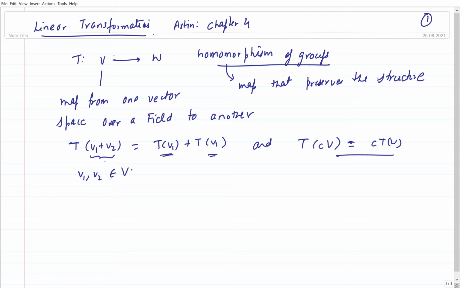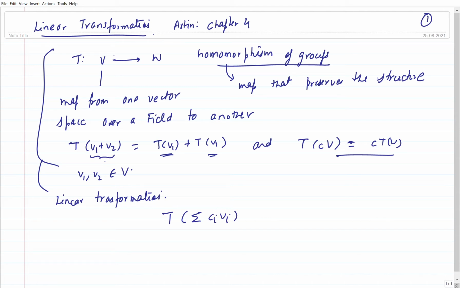It is compatible with the scalar multiplication. So these maps are called linear transformations. And we can show by the above, of course by induction, that this ought to be true.